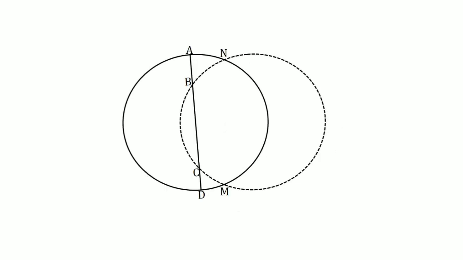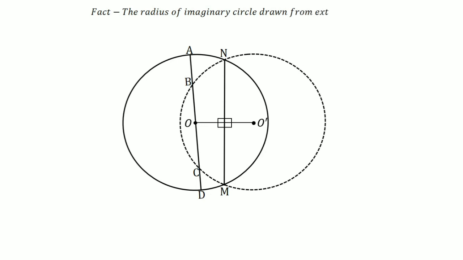Now let the center of the first circle be O and the center of the other circle be O'. Now join these centers and join the common chord, and we know that it is perpendicular. It is a fact that the radius of the imaginary circle drawn by extending the arc of the semicircle is exactly the same as the radius of the original semicircle.